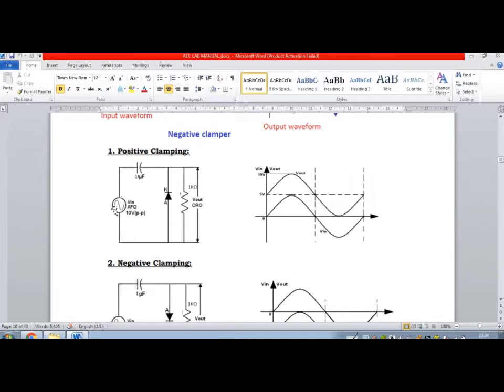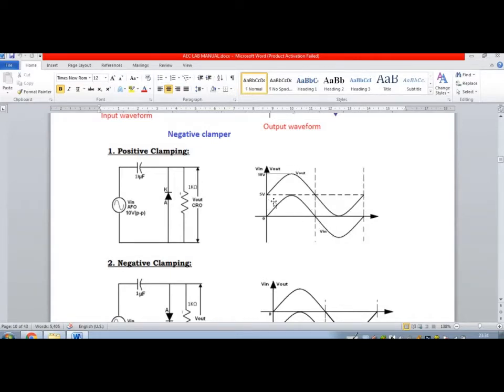This is the circuit for positive clamping with the peak voltage of 10 volts, and the diode is placed in such a way for positive clamping. Here the input waveform is having a peak to peak voltage of 10 volts.